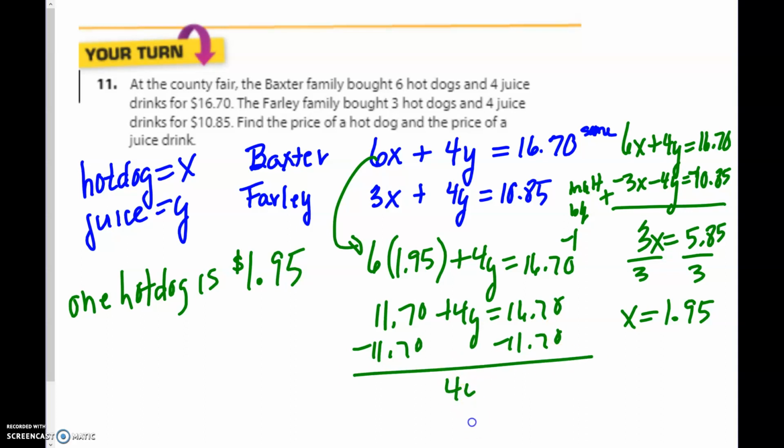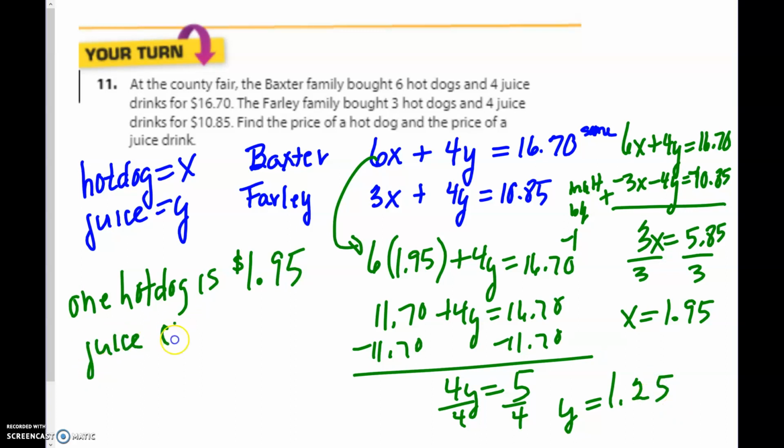So I get 4y equals, and 16 minus 11 is 5, and the 70 cents cancels off. So now we're going to divide both sides by 4. So y equals $1.25. So what does that mean? One juice cost is $1.25.